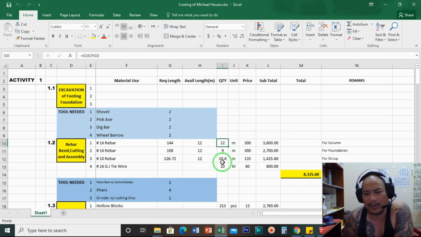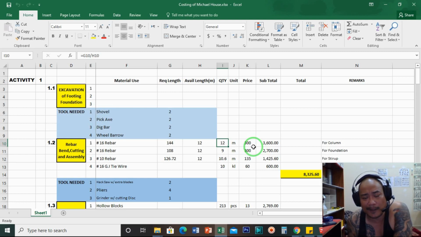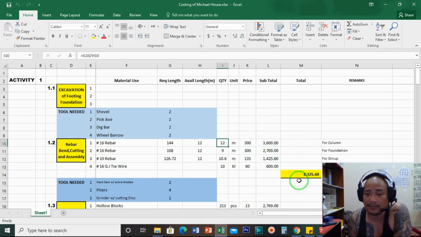And I will make 11 for stirrups for the column. My expense for this also includes additional tie wire. Tie wire is very cheap. Number 16 rebar is approximately 300 each. So 3,600 plus 2,700. For this activity alone, it will cost you around 8,325.60.